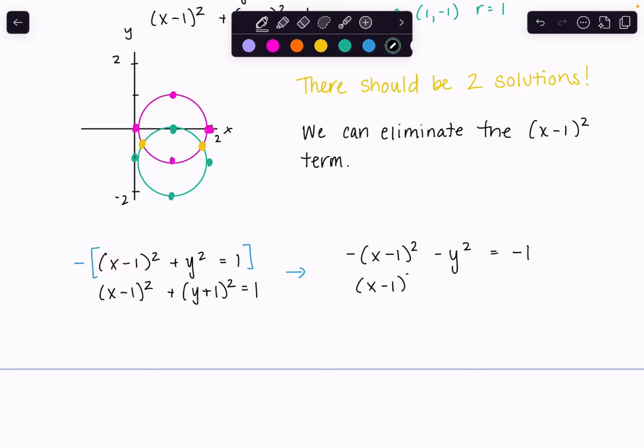And then positive x minus 1 squared plus y plus 1 squared equals 1. So now we can go ahead and add these two equations together, and this full thing cancels because they're the same but opposite signs. And what I'm left with is positive y plus 1 squared minus y squared, and then on the right-hand side, I have equals 0.